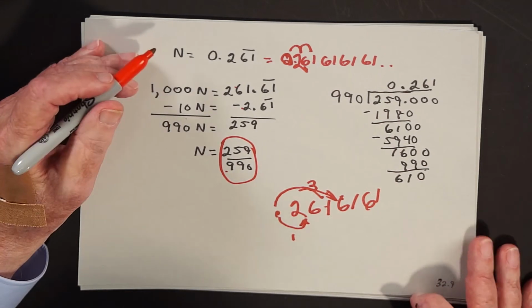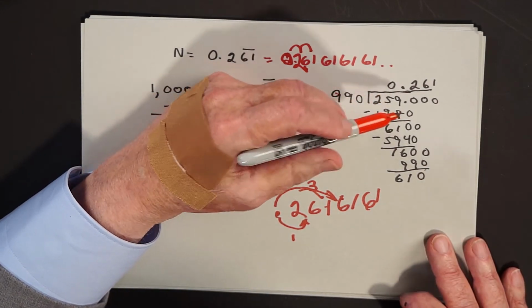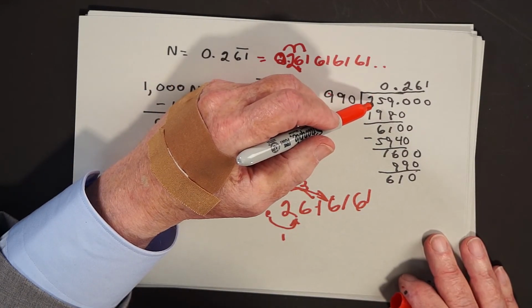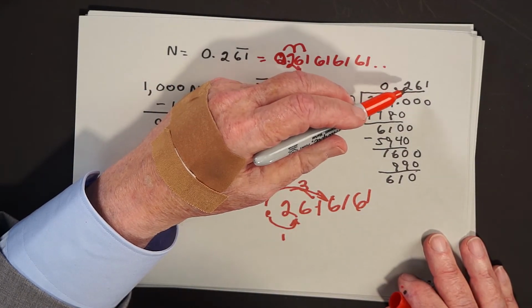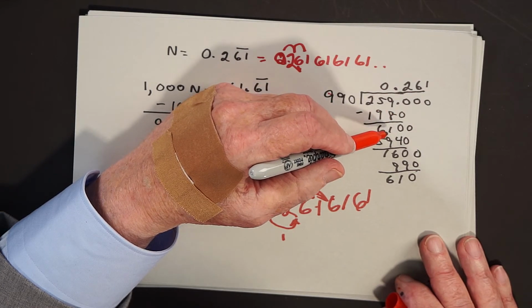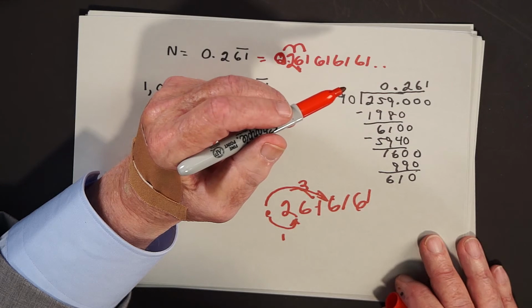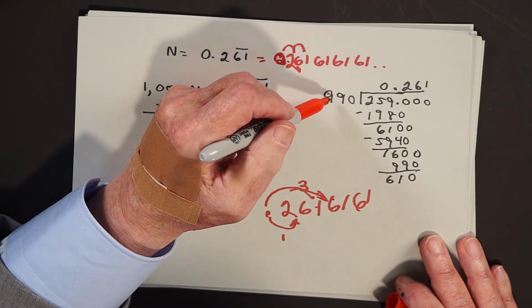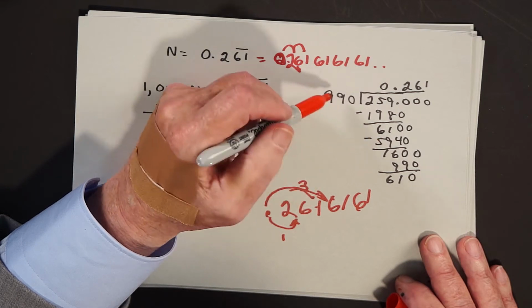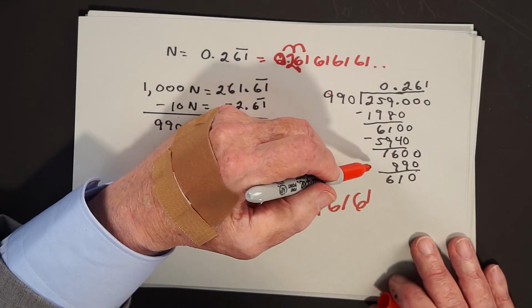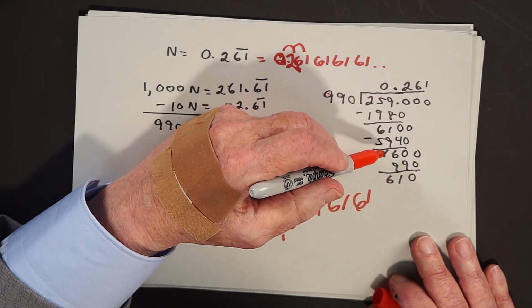How do I know that's right? I'll divide 990 into 259 and see what happens. 990 goes into 2,590 twice. That gives me 1980. I subtract, I get 610. I bring down the 0. Okay, 990 goes into 6,100 6 times. That's 5,940. I subtract, I get 160.